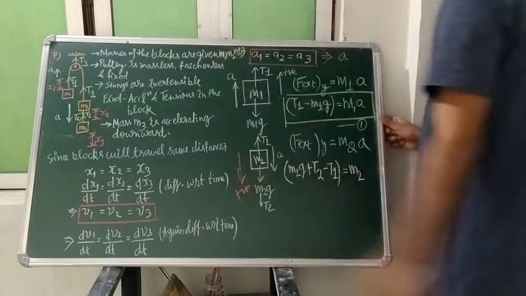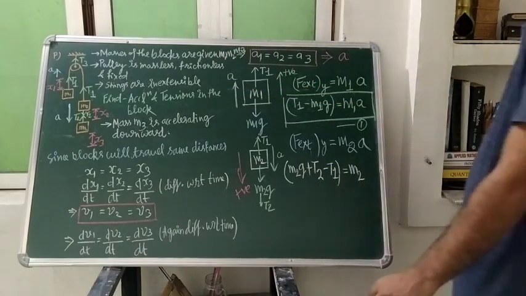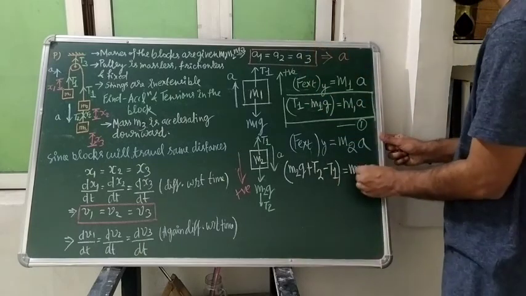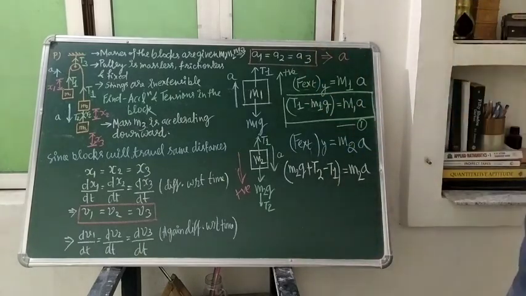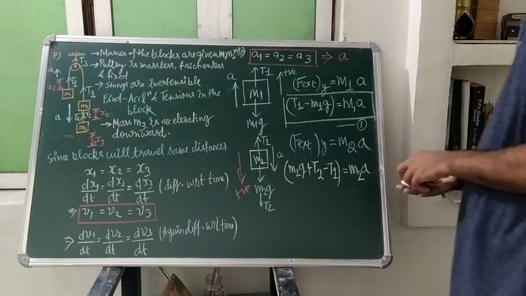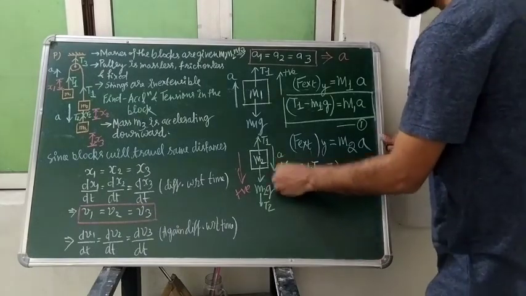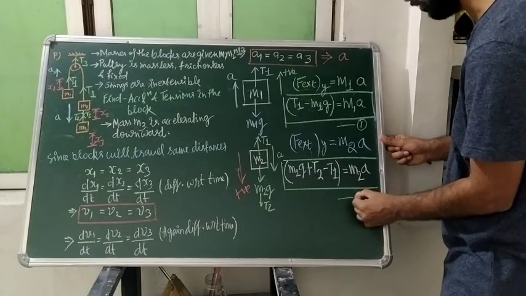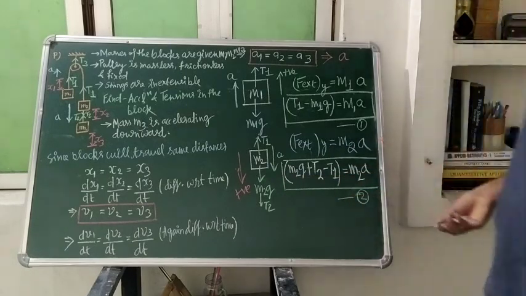And the acceleration comes out the same, since they travel the same distance, so we assume the acceleration is a. So this will be our expression from the FBD of 2, equation number 2.